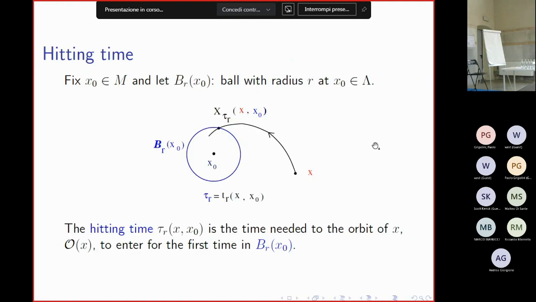The hitting time: you pick a point and you fix a target, and you take the first time that the orbit hits this target.